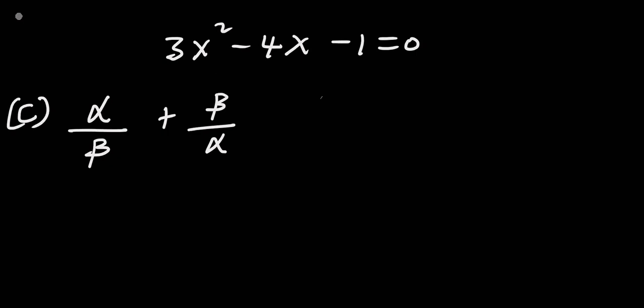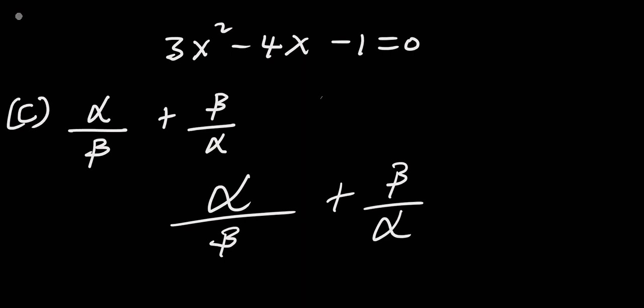Question C, alpha over beta plus beta over alpha. To solve this problem, first we need to find the common denominator. That means alpha over beta plus beta over alpha. So the common denominator can be found by simply multiplying this by beta and also multiplying this by beta.